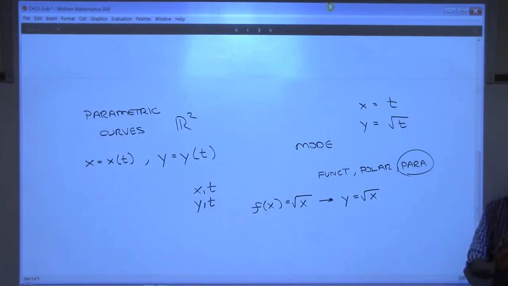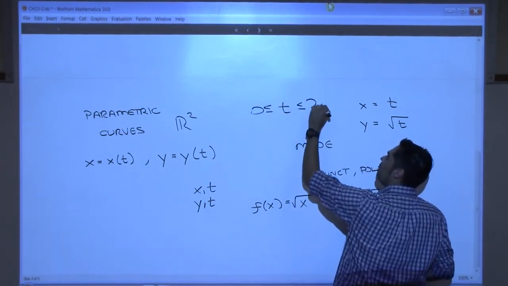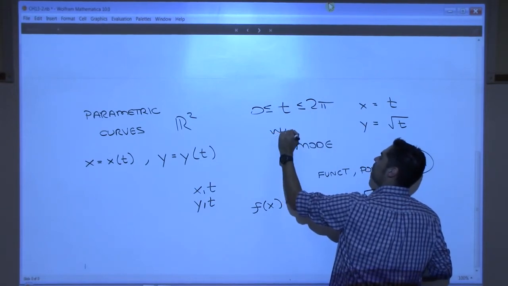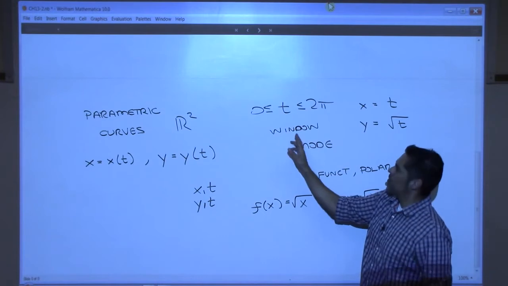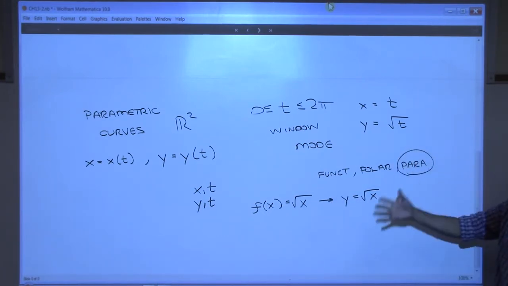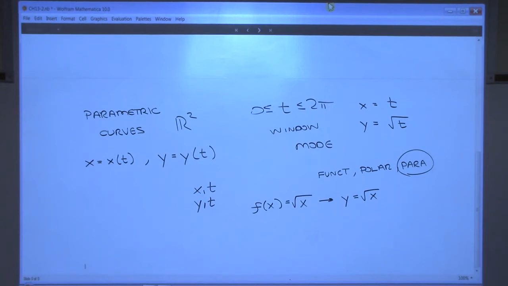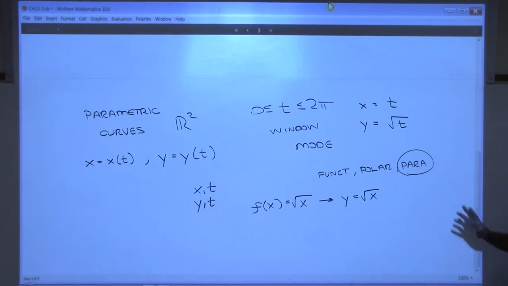There is a little bit of a thing you have to be careful with. Most of these calculators, by default, put your t between 0 and 2 pi. So there's a window option where you can change your restrictions on t, and you can make it go from like -10 to 10, and then it would be pretty much the same as the regular graphing calculator. Okay? This is just bonus information for you.